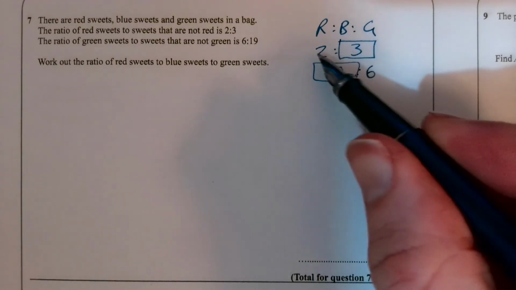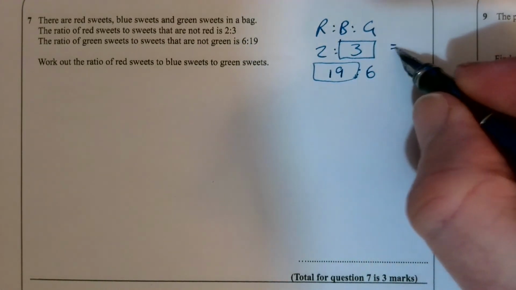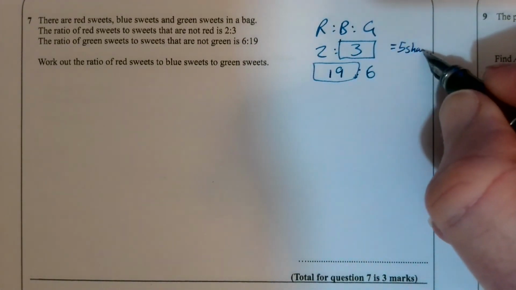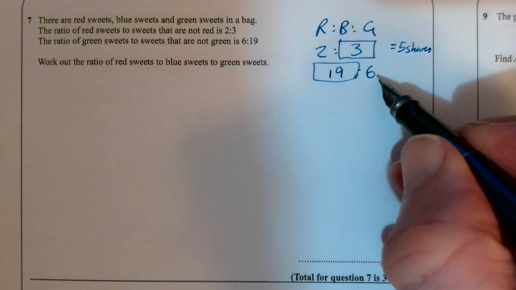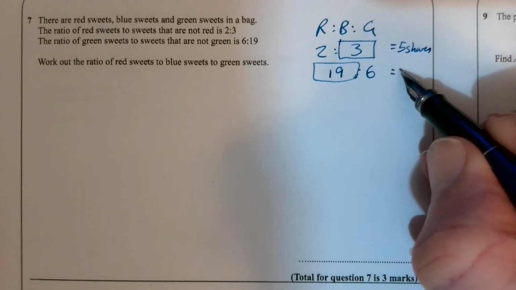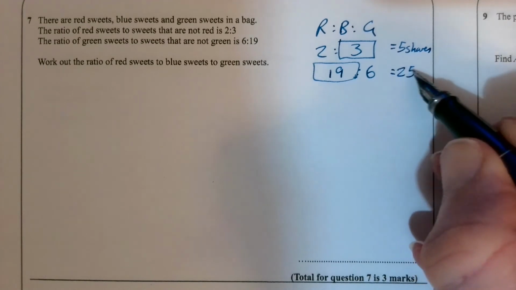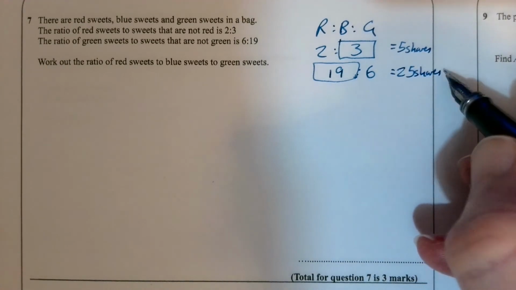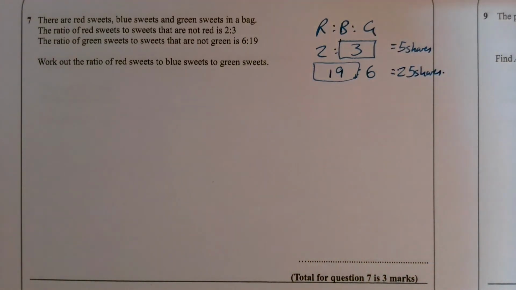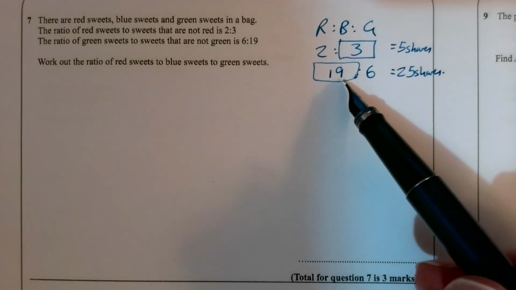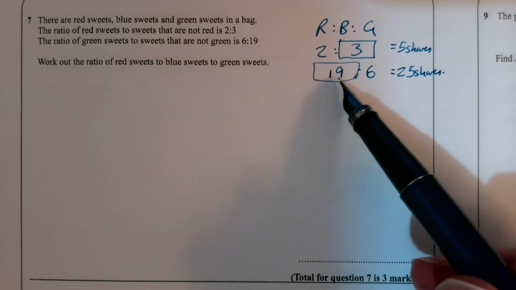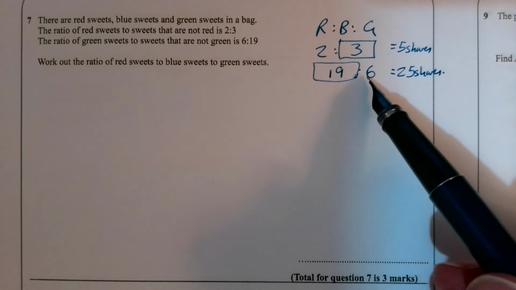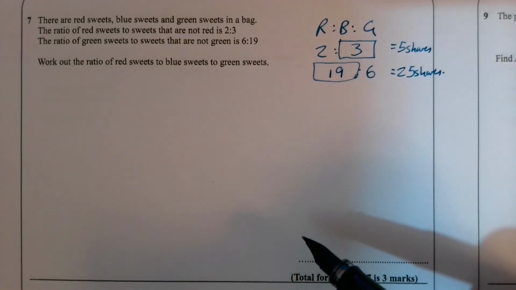Altogether, we've got 5 shares here, haven't we? And here, we've got 25 shares. So we've got 5 times as many shares here as we did there.